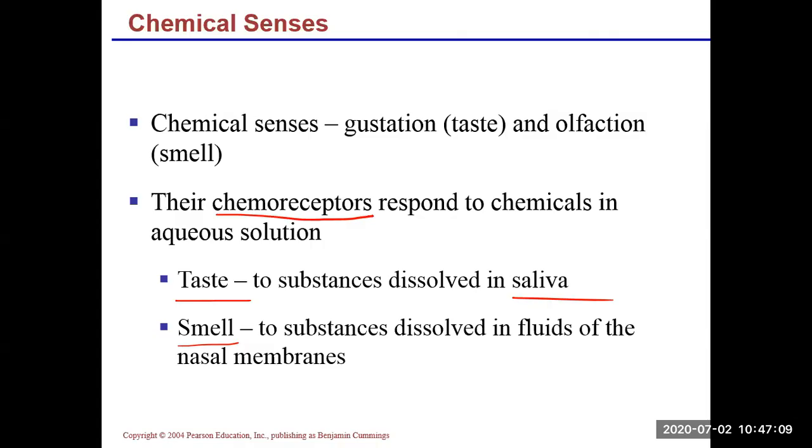Okay, so the smell is the same thing. The substances must dissolve in the fluid of the nasal membrane, whether it's your favorite aftershave or perfume, or the smell of a flower or the food. All of those enter the nasal cavity, and in there is a lot of mucus lining, which you learned in anatomy.